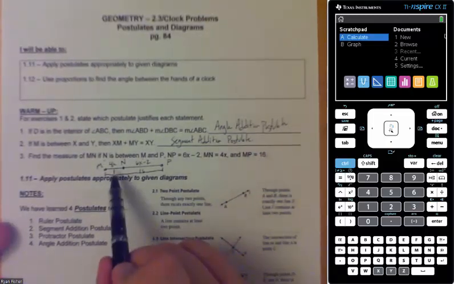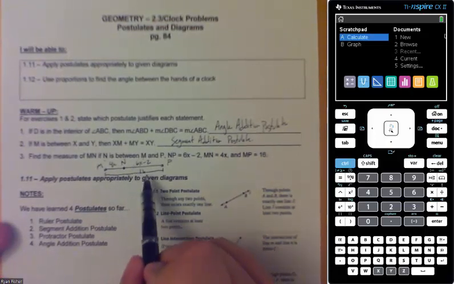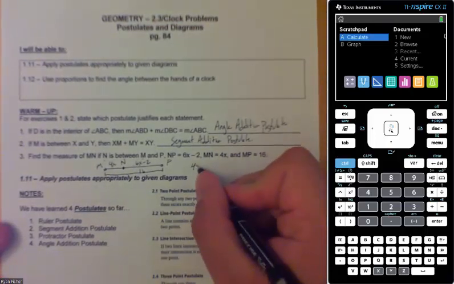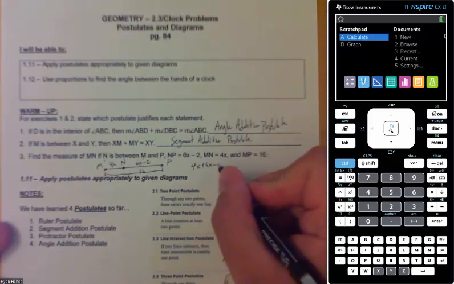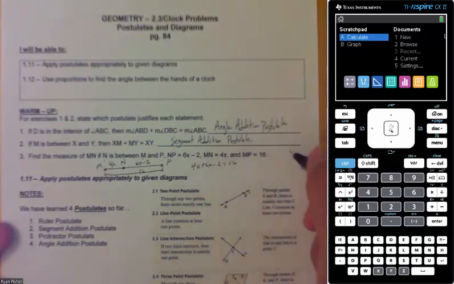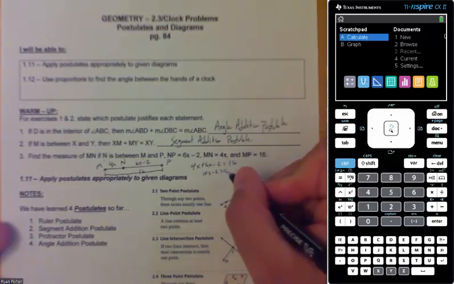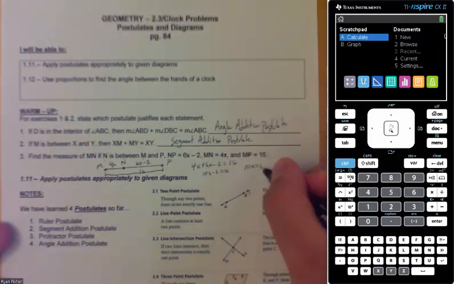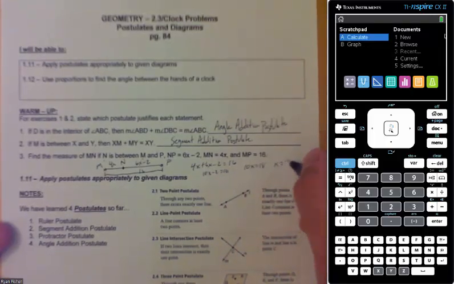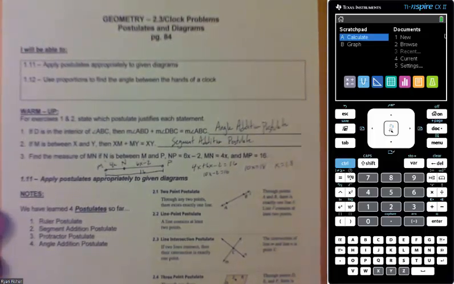Let's take the smaller pieces, add them together, and they should add up to the whole thing. So 4x plus 6x minus 2 is equal to 16. I think 10x minus 2 is 16. 10x is 18. X is 1.8, or 18 tenths, or 9/5.